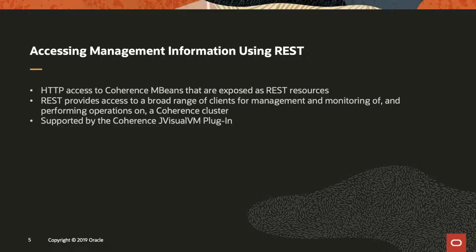And it's supported by the Coherence JVisualVM plugin, which originally was just for JMX MBeans access to Coherence management, and now you can use it with Coherence management over REST as well.